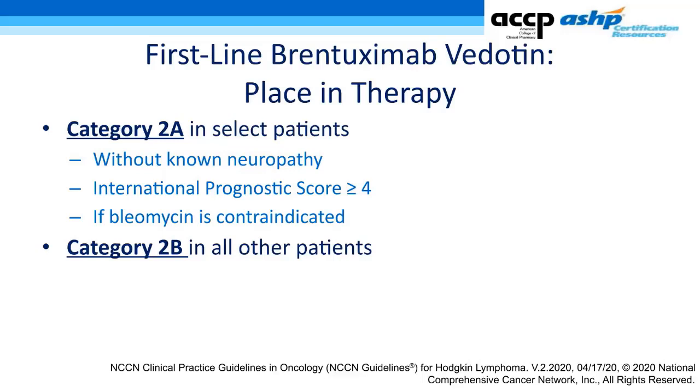Patients with a high international prognostic score, so 4 or greater, essentially a poor prognosis from the get-go. And if bleomycin is absolutely contraindicated in that individual patient. This is a category 2B recommendation in all other patients. So again, there may be a niche in a certain patient population, but the first line regimen is still ABVD.